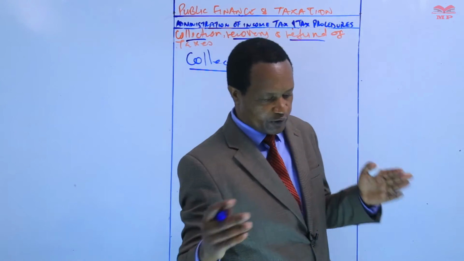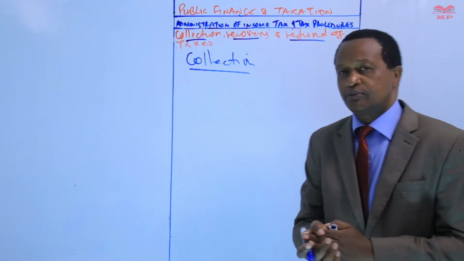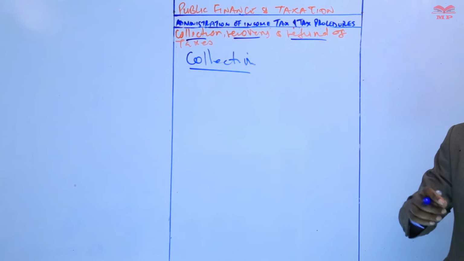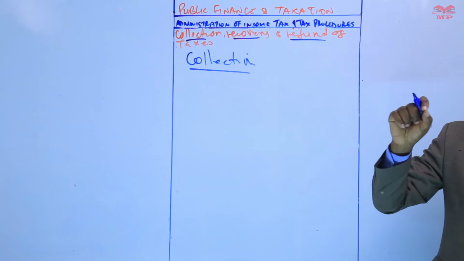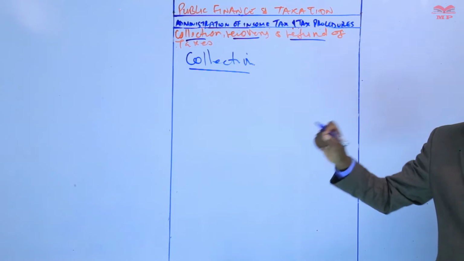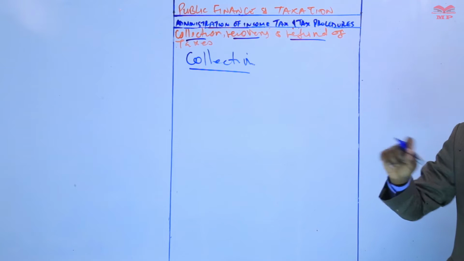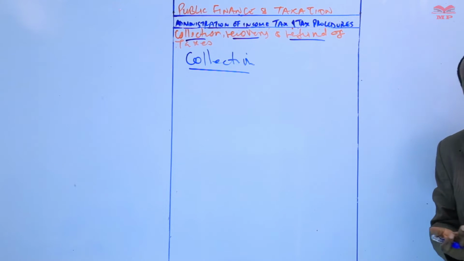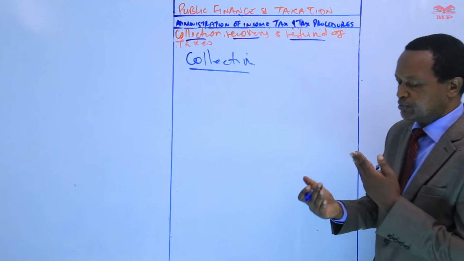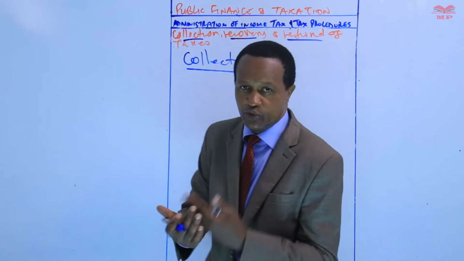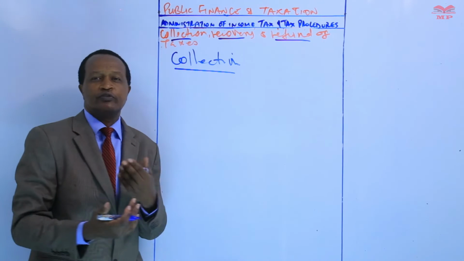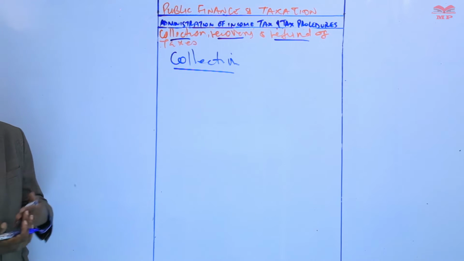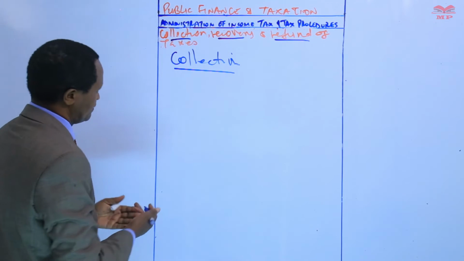Before we get to the collection of taxes, it's important to note that the processes for the collection, recovery of unpaid taxes, and refund of overpaid taxes in Kenya are primarily governed by the Tax Procedures Act, alongside specific provisions in the various taxes like the Income Tax Act and the VAT Act.